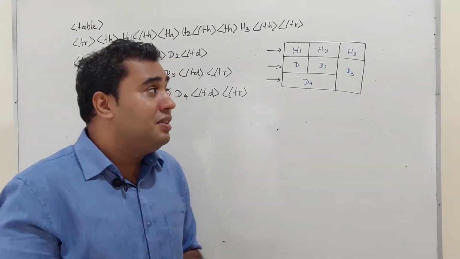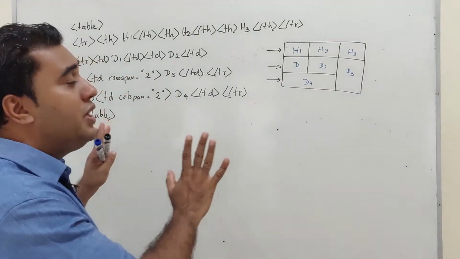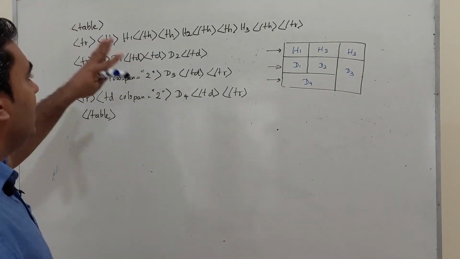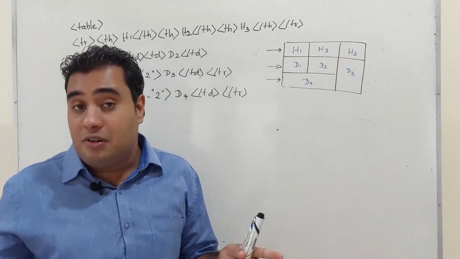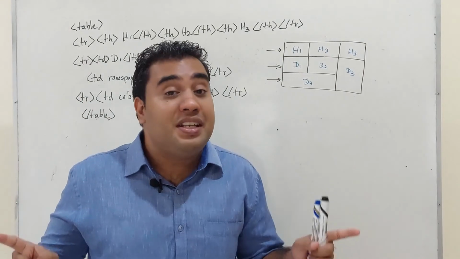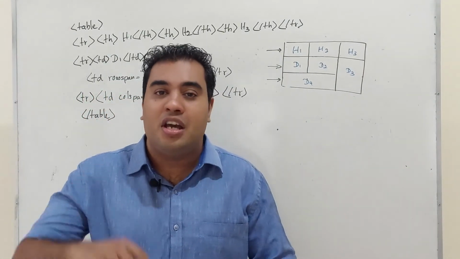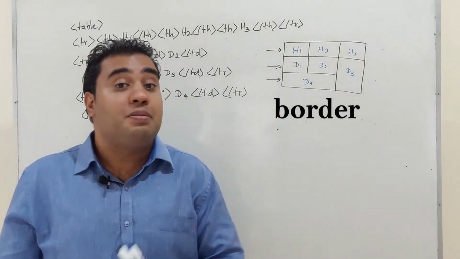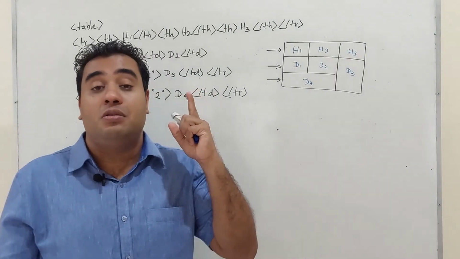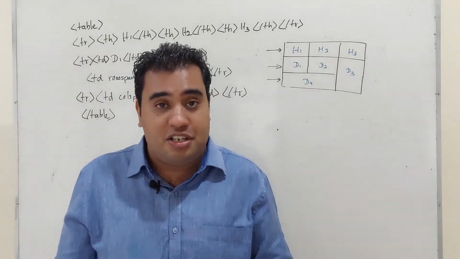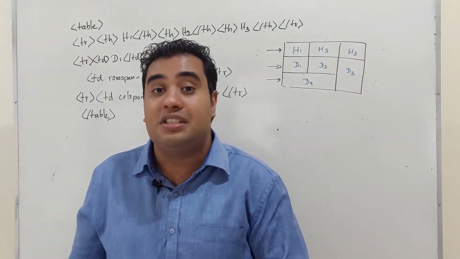Before ending this, there's another thing that you have to remember. If we write the code as this, table and table headers and table data, we won't see the borders of this table. To display the borders of the table, we have to use the attribute called border in the table tag. Otherwise you won't see these borders of this table.